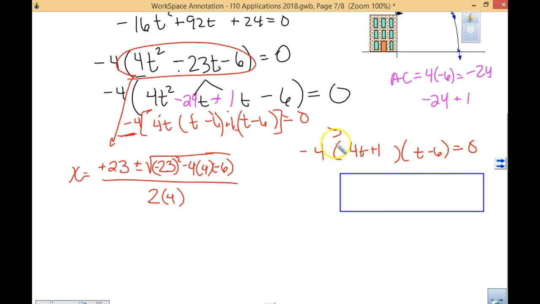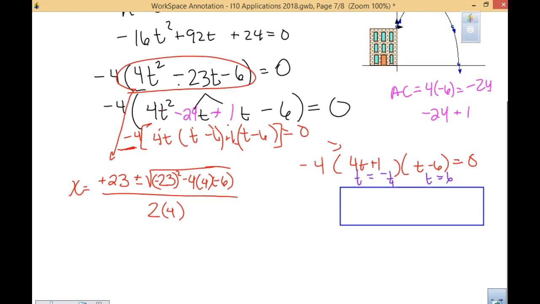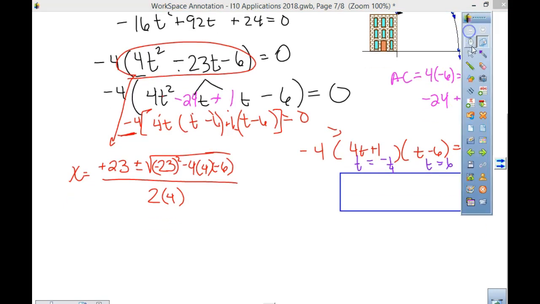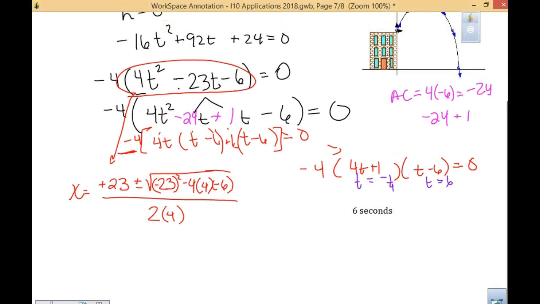But when you set it equal to 0, that kind of disappears, right? And if 4t plus 1 equals 0, t is going to be equal to negative 1/4, and here t equals 6. So this one, because of our domain, shooting it off the building, right? We can't have time being negative. So our solution is going to be that it should have hit the ground after 6 seconds, as you were looking at that.